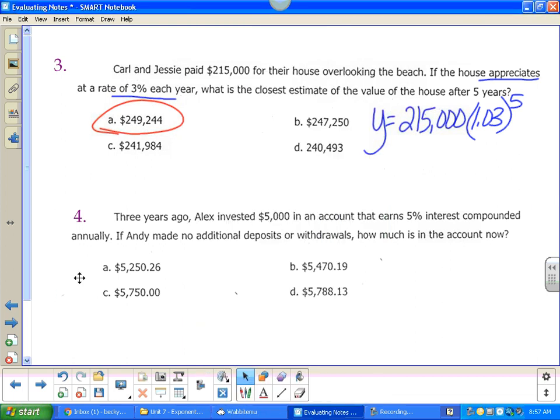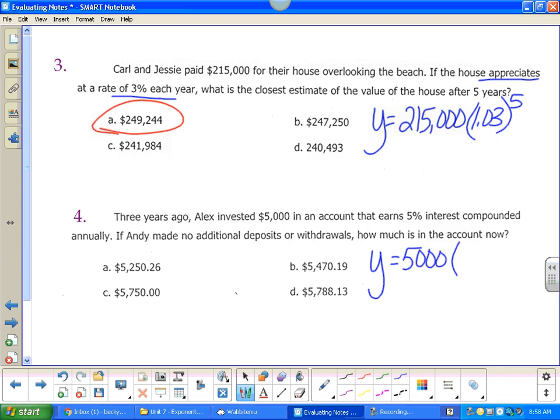3 years ago, Alex invested $5,000 into an account that earns 5% interest compounded annually. Alex made no additional deposits or withdrawals. How much money is in the account now? He started with $5,000. It's earning 5%. Well, I want to know now.